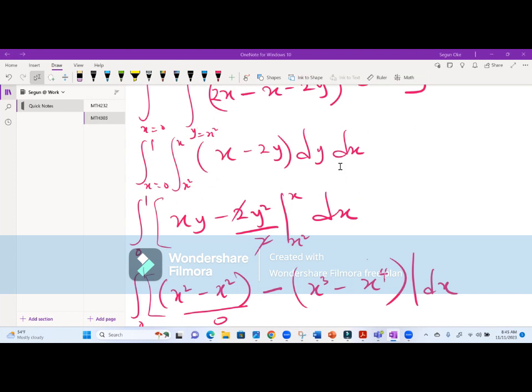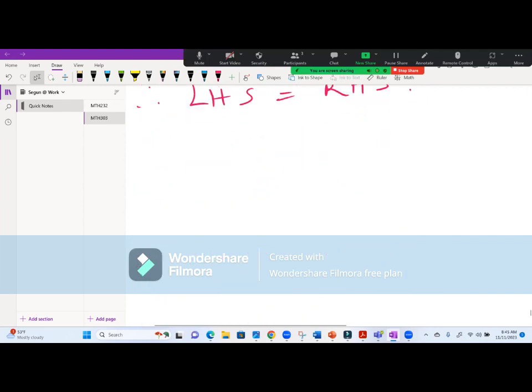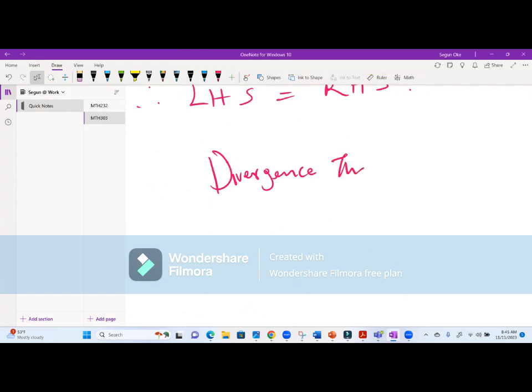Just look at one, then the way we solve it, and some of the criteria that we need to know when solving the divergence theorem.